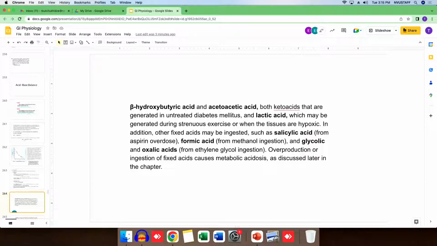We also have salicylic acid, which is created from an overdose of aspirin. We might also have formic acid, when people drink methanol, and we also have oxalic acid or glycolic acid when there is ingestion of ethylene glycol.